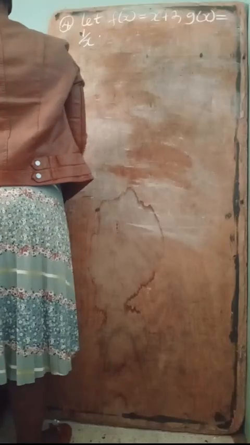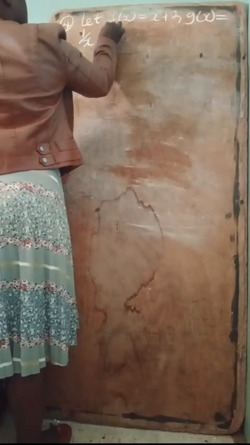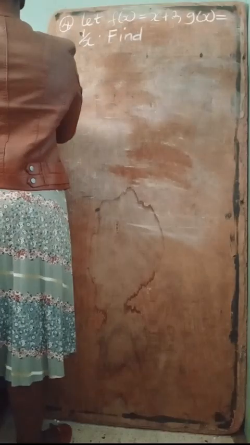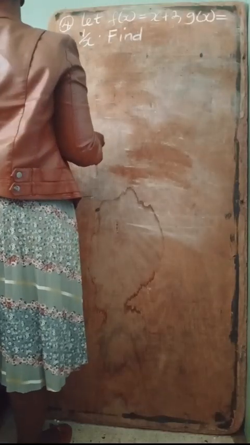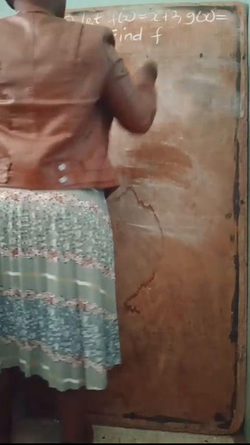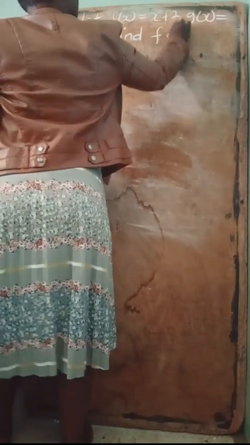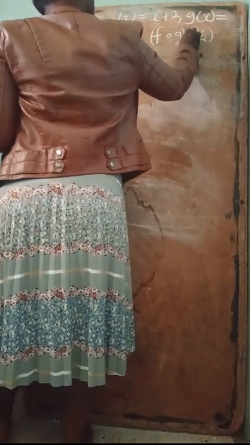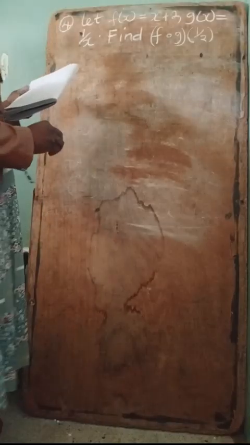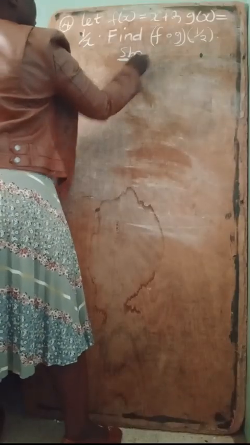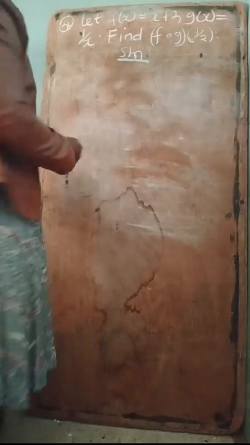Then we are told to find f of g of a half. Okay, so we have that question on the board, and we also need to solve it.